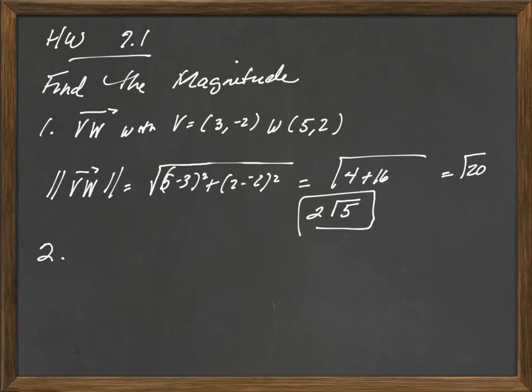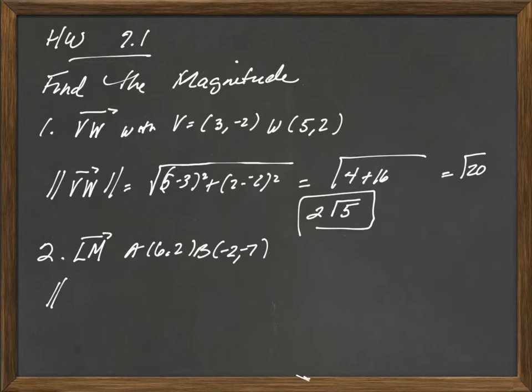For number 2, you have LM, and A is... they should have used L and M, right? But anyway, A is (6, 2) and B is (-2, -7).